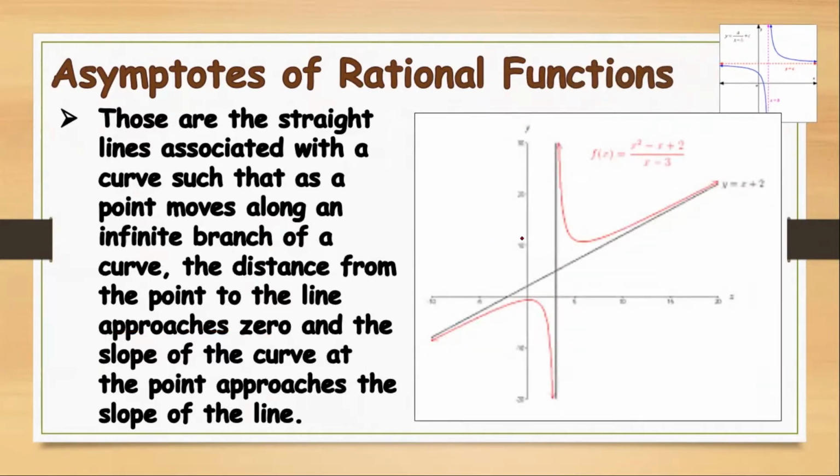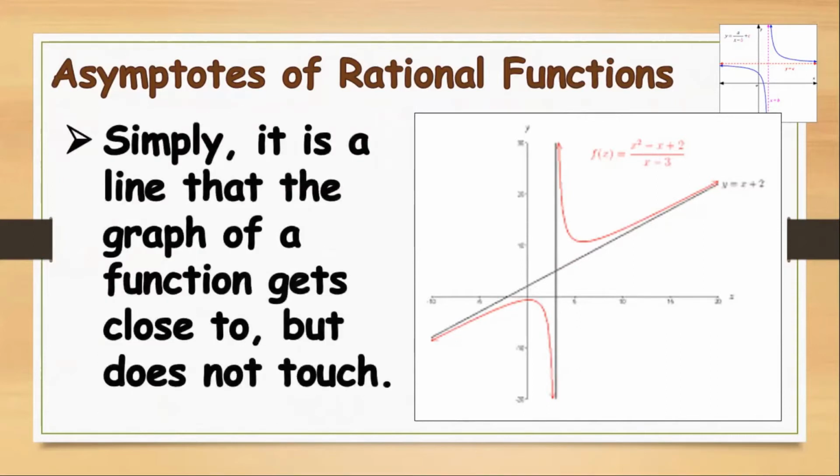Also, we have here another example of an asymptote. This one is a vertical asymptote and the other one is the slant asymptote. So later on, we will discuss how to find the asymptotes of our rational function. Simply, an asymptote is a line that the graph of a function gets close to but does not touch.